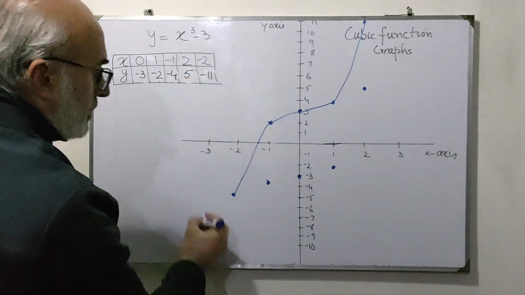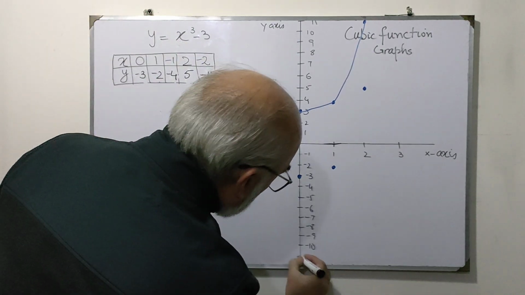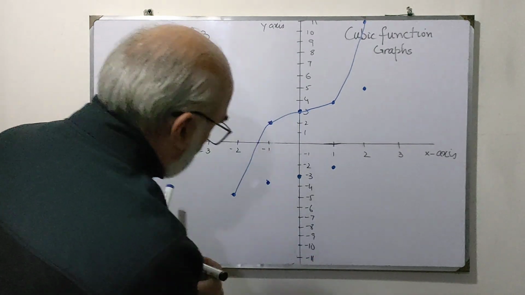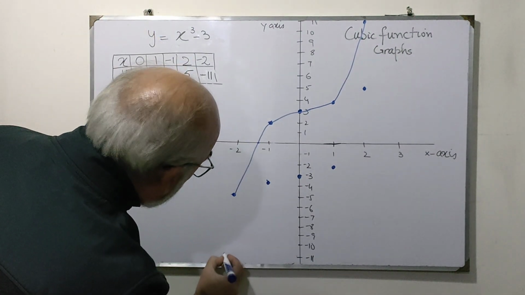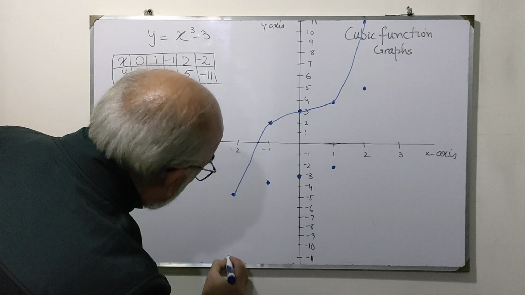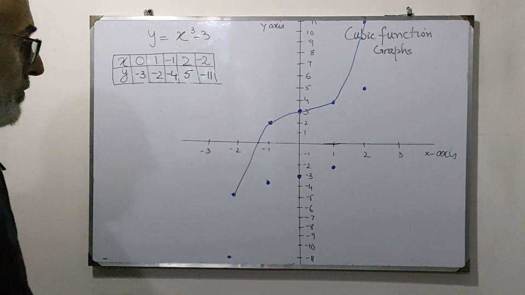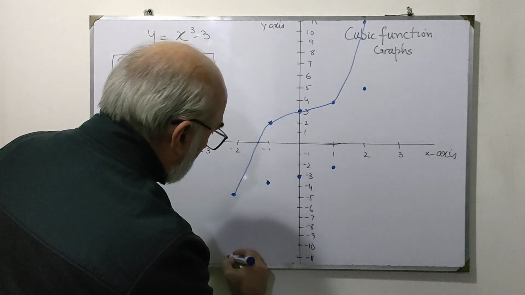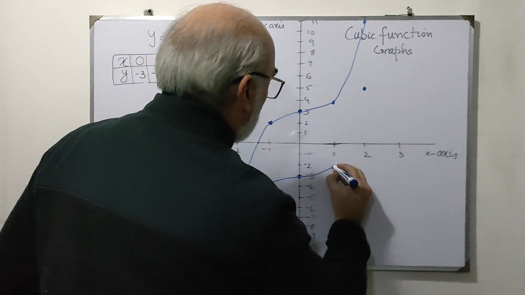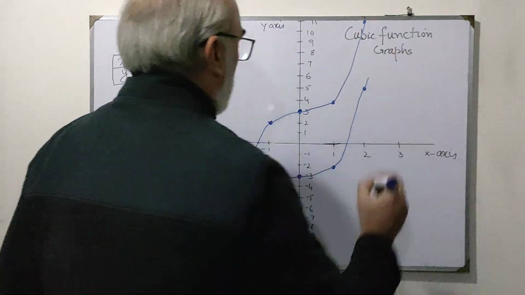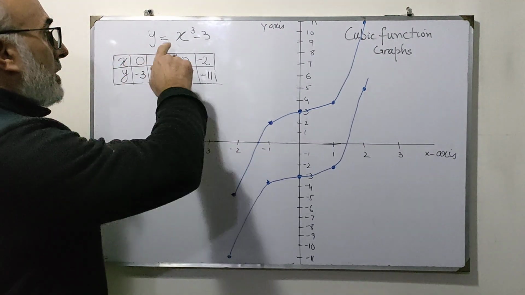And then minus 2 and minus 11. So let's mark one more point over here. Okay. So we have plotted our points. So let's join them. Okay. So we have our graph for this function.